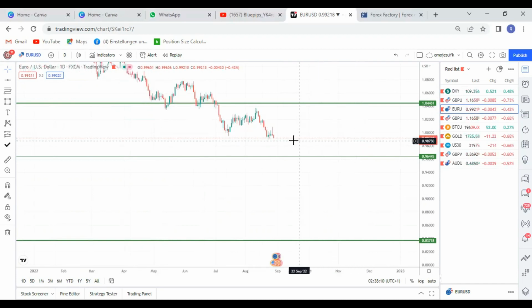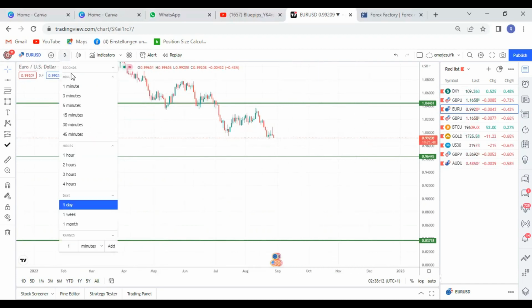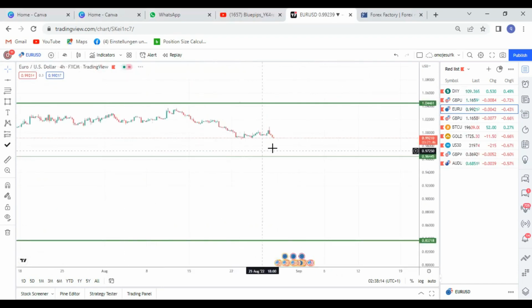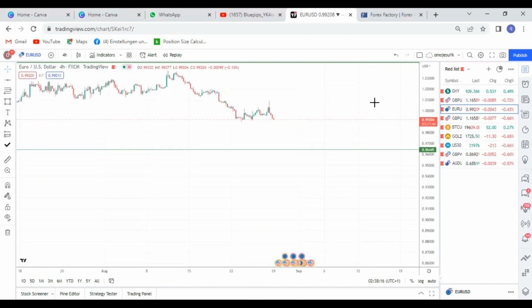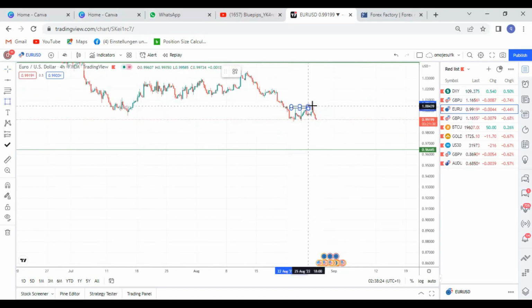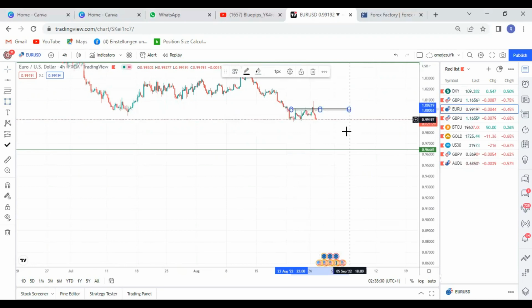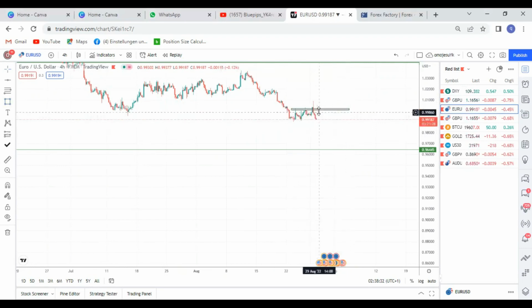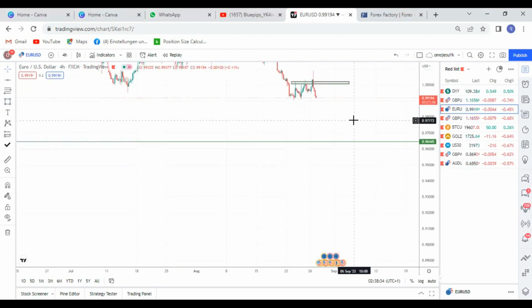You can go to your 4 hours or 1 hour, then look for your entry candle. You just look for little retracements, maybe these are 4 hours, maybe up to this point.